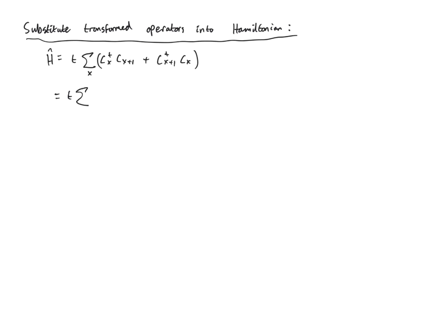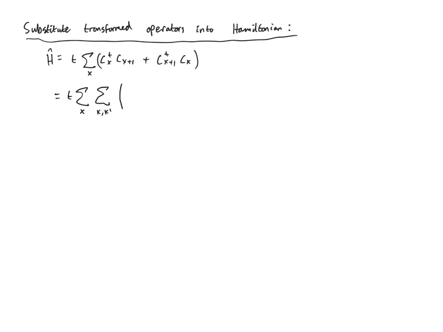We're going to get still the sum over x, but now for each x, we expand it in terms of k and k primed. So the cx will be expanded in terms of ck, and cx plus 1 will be expanded in terms of k primed. So this is starting to look much more complicated than the thing we started with, but we'll see it all becomes simple in the end.